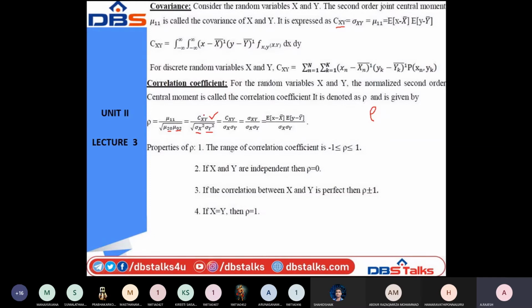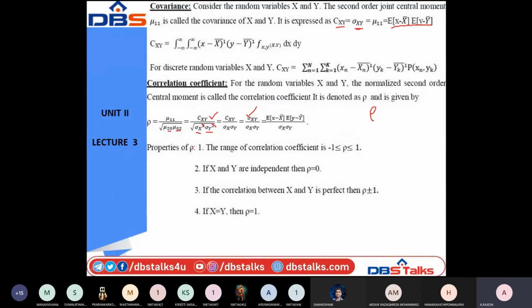So cxy, here square and root get cancelled, that means sigma x into sigma y. So rho can also be written as sigma xy by sigma x into sigma y, which can also be written as e of x minus x complement into e of y minus y complement by sigma x into sigma y.